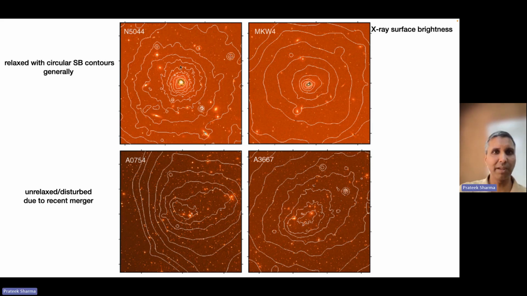So you remove them, but this diffuse emission is coming from the hot gas in the galaxy cluster, which is called the intracluster medium. This hot X-ray emitting plasma in galaxy clusters is called the intracluster medium. And most of the baryons associated with the cluster halo are in this hot X-ray emitting plasma and not in the stars, right?